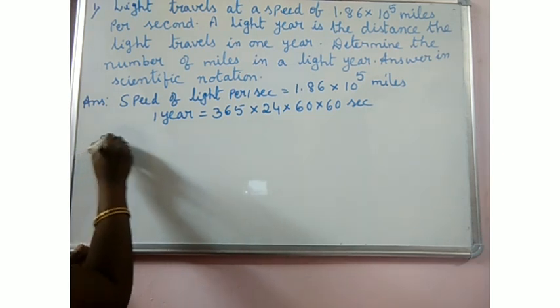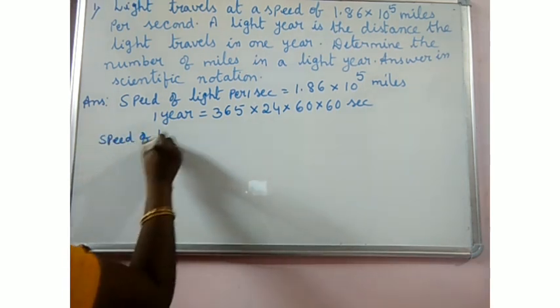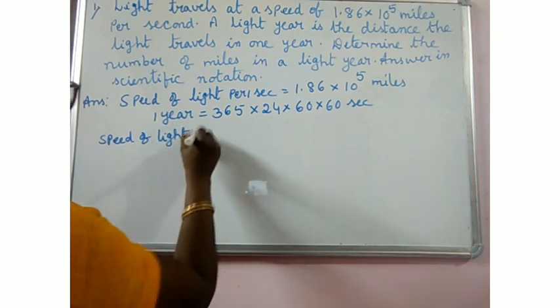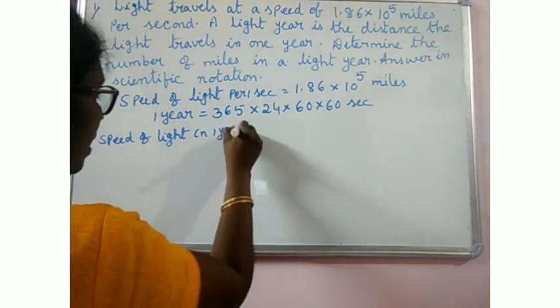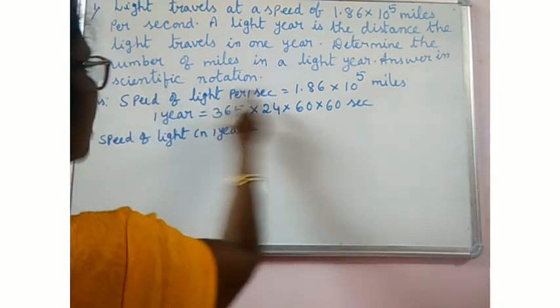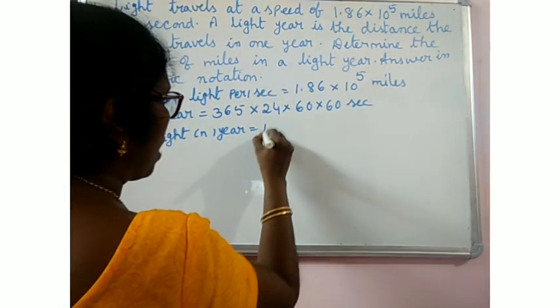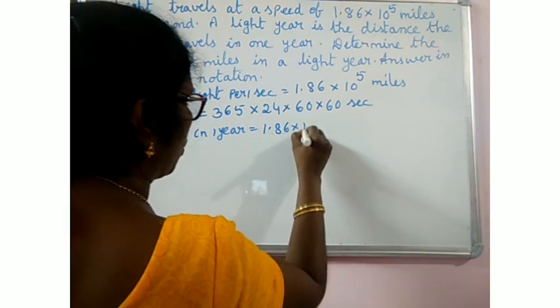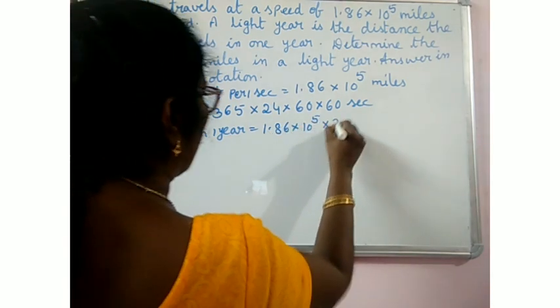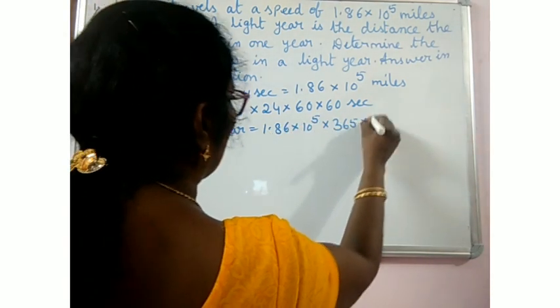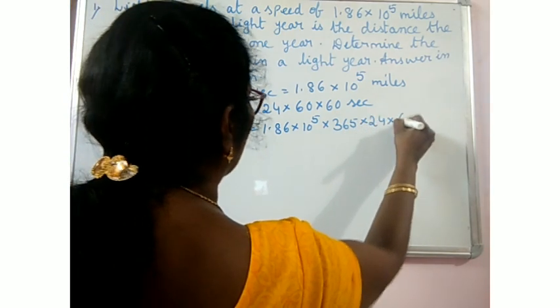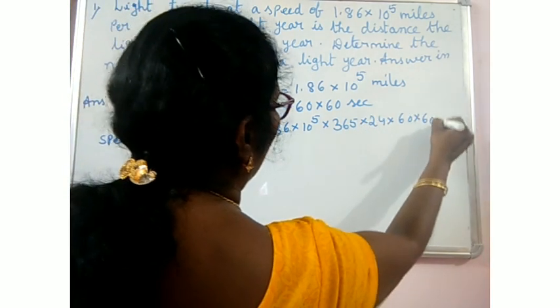Speed of light per second is this. Speed of light for 1 year means this into this: 1.86 into 10 to the power 5 into 365 into 24 into 60 into 60 miles.